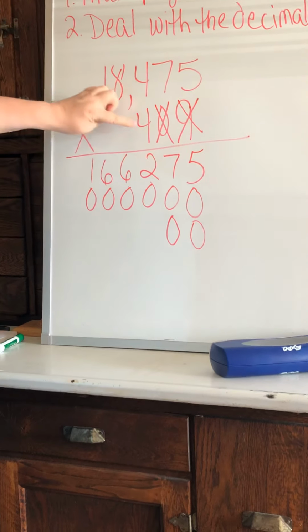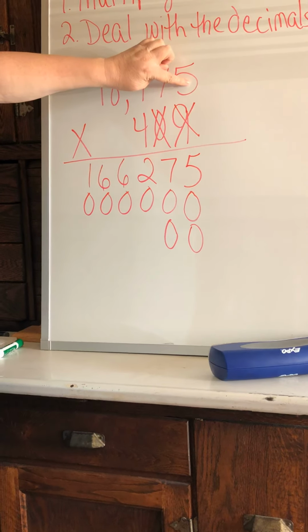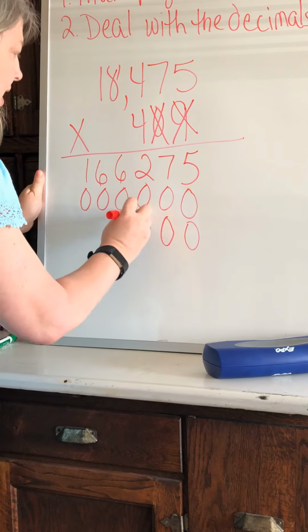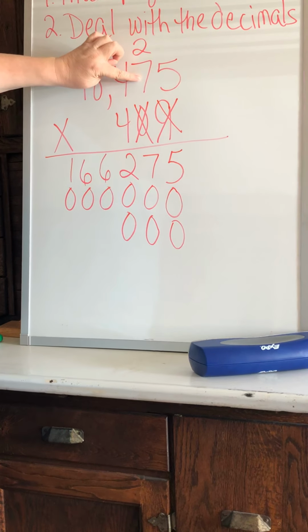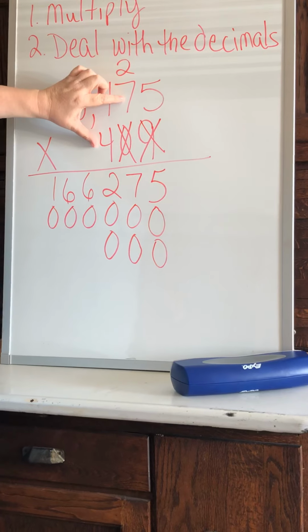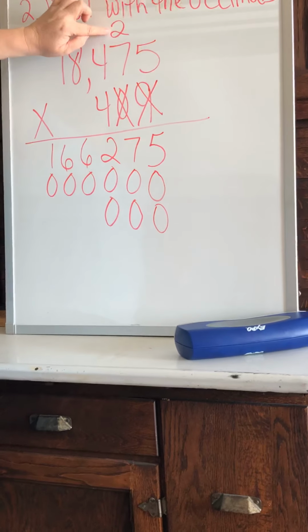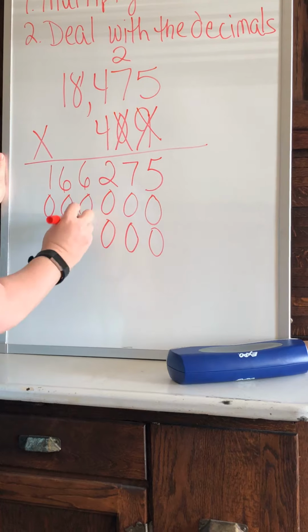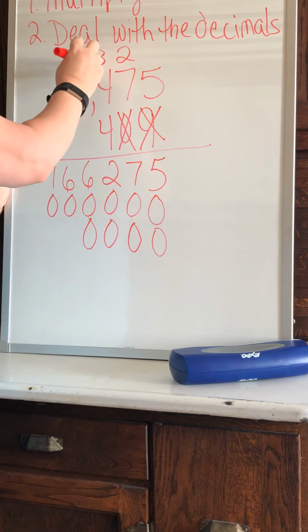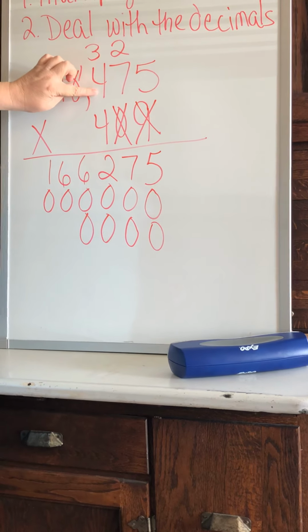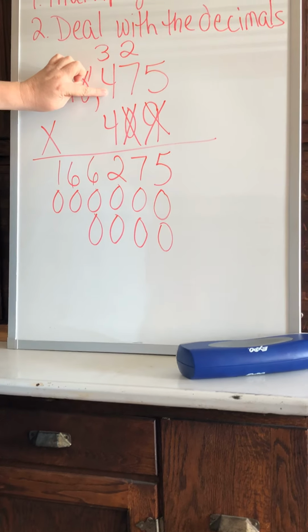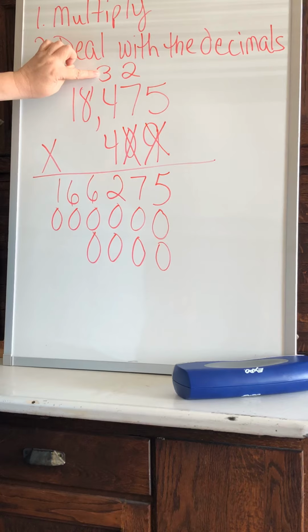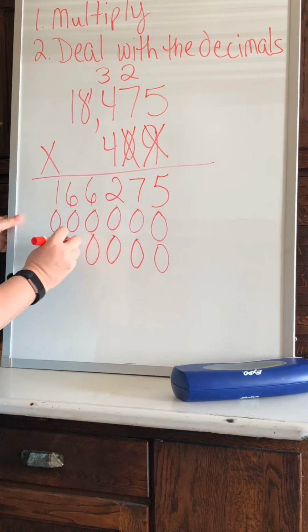All right. 4 times 5 is 20. Carry that 2. 4 times 7 is 28. 28 plus 2 is 30. 4 times 4 is 16. 16 plus 3, 19.